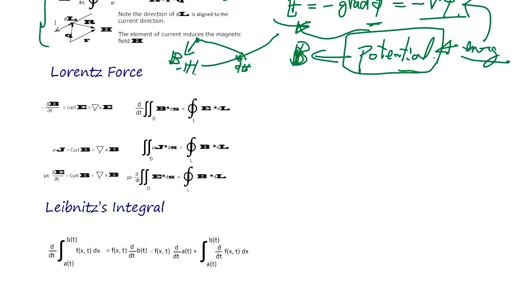Now we move to the Lorentz Force. It's quite more mathematical than any other physics books here. You have to bear with me because the real meaning, where the Lorentz Force comes from, we can derive from the Maxwell's equation.